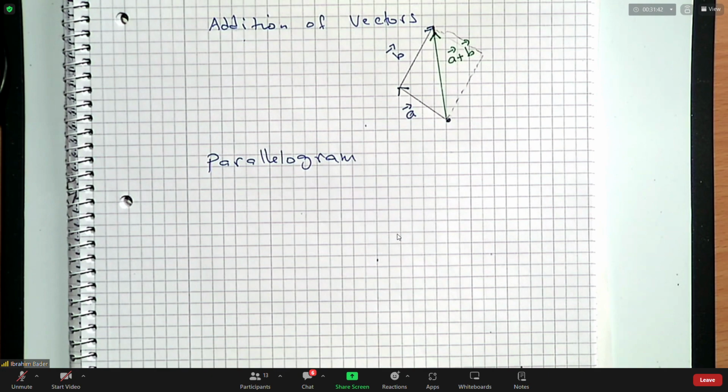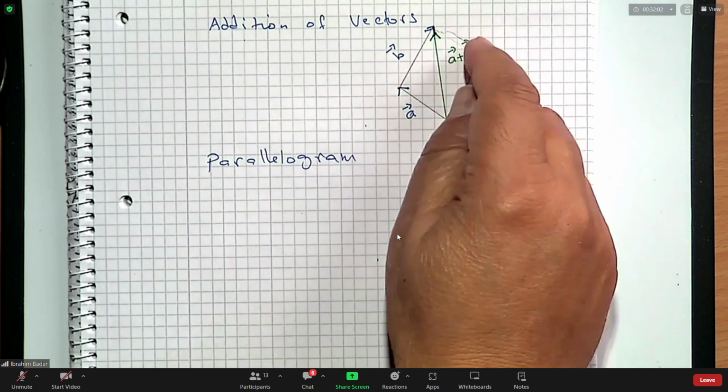Okay, so this is a geometric figure similar to a rectangle, but the angles are not right angles.